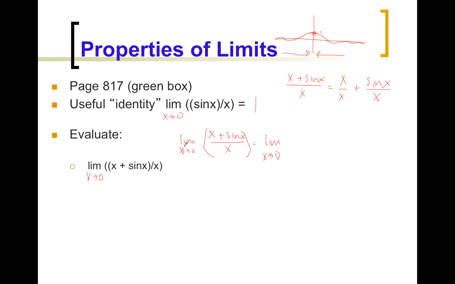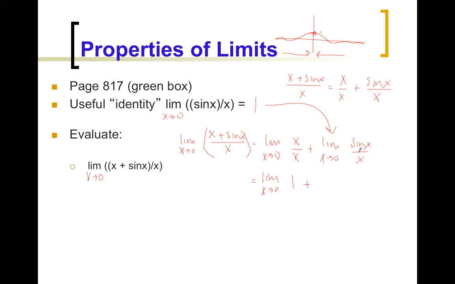I can say the limit of a sum becomes the sum of the limits. Now this one, x over x, is just 1. And we know that this is our identity right here.